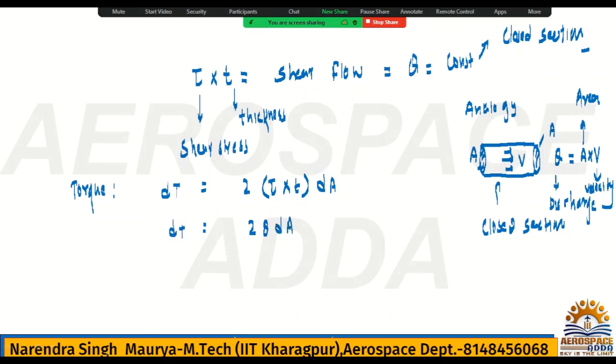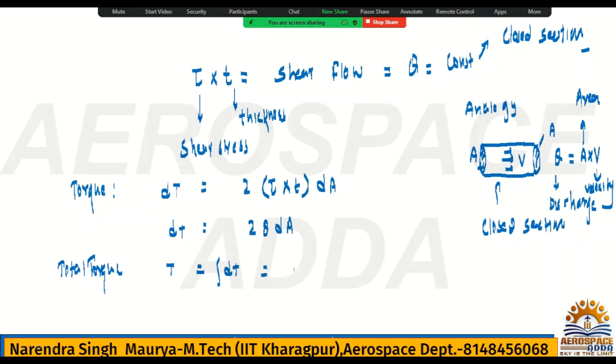If you check the total torque, what will be the total torque value? The total torque is nothing but T. So for the whole section you have to integrate.